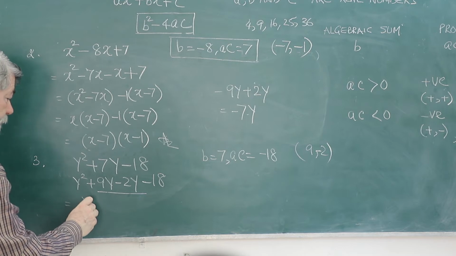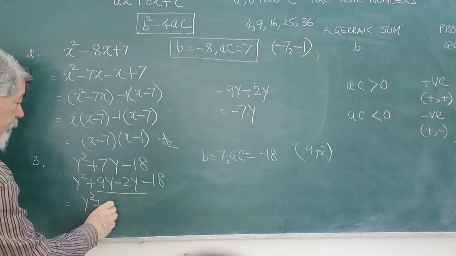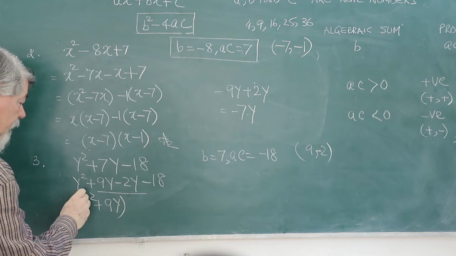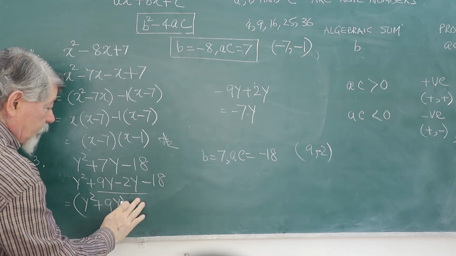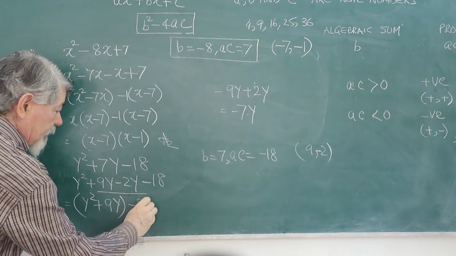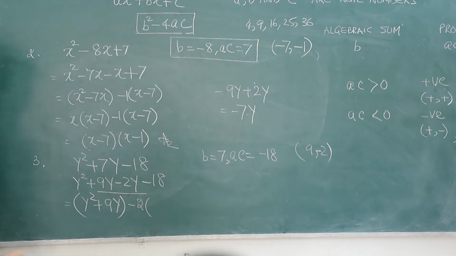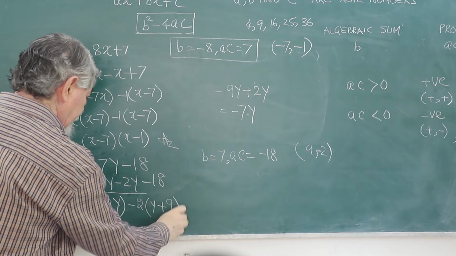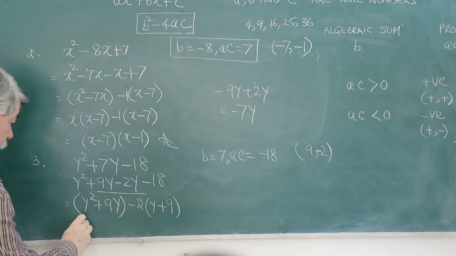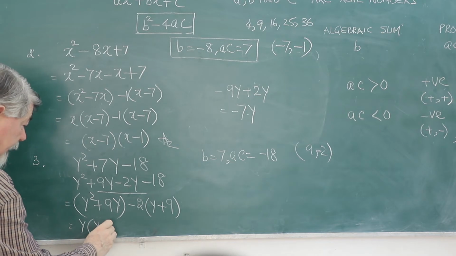Now make the pairs, y squared plus 9y is one pair, and minus, again one minus, what can I take out common? Minus 2. I can take minus 2 common here, so it will become y plus 9. Out of this, y is common, y plus 9.